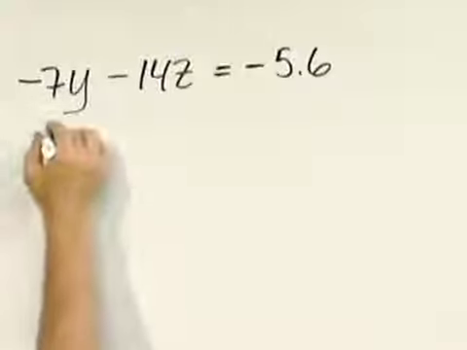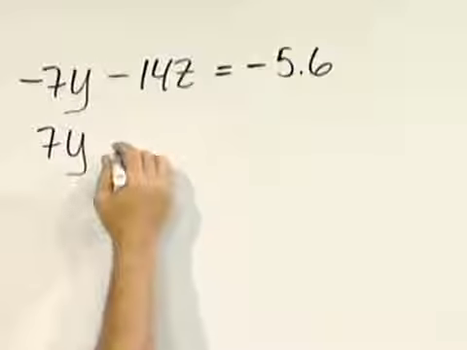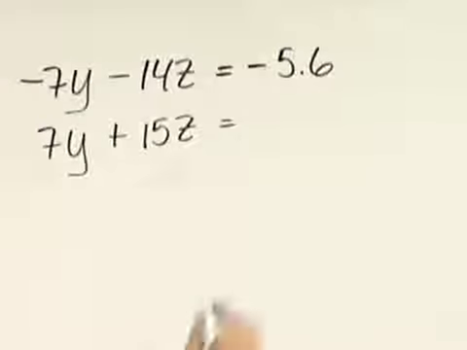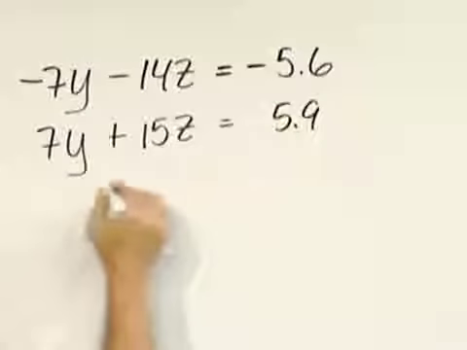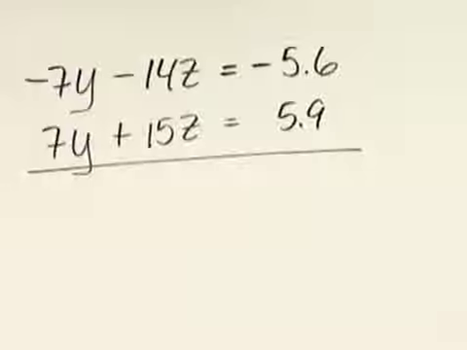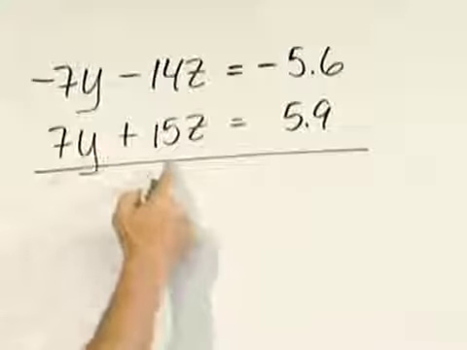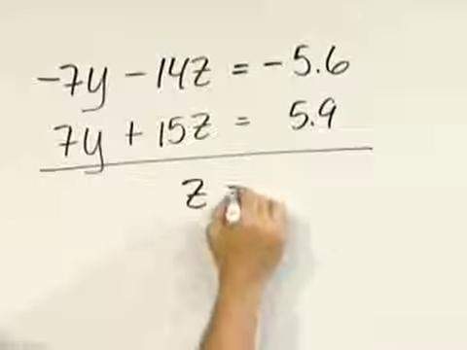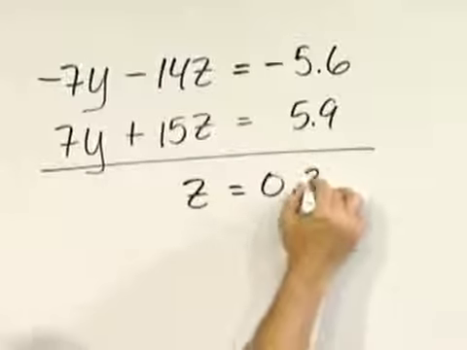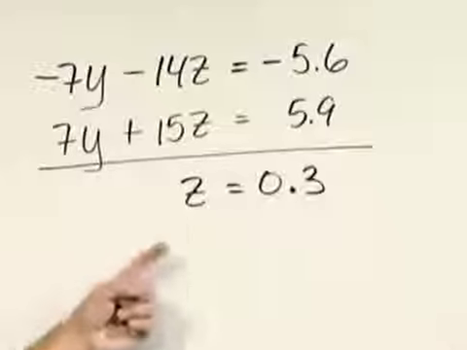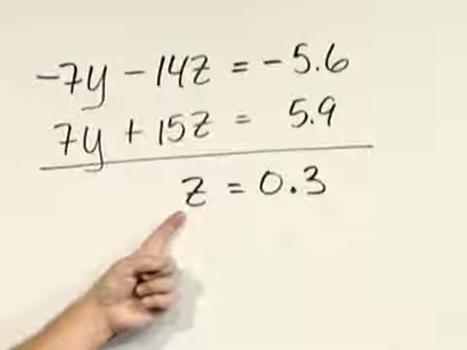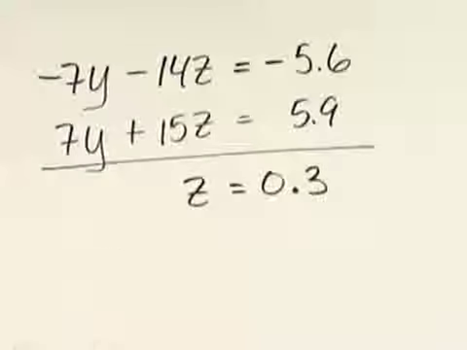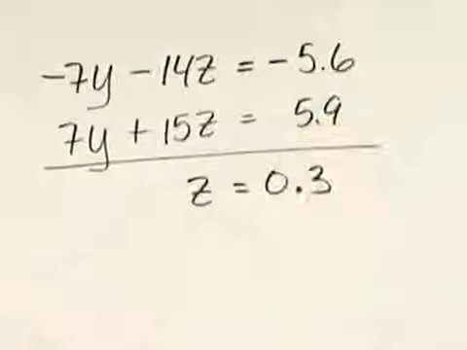Remember, I want to add that to the first equation, 7y plus 15z is equal to 5.9. Adding the two equations, the y's are eliminated. I have positive z is equal to 0.3.